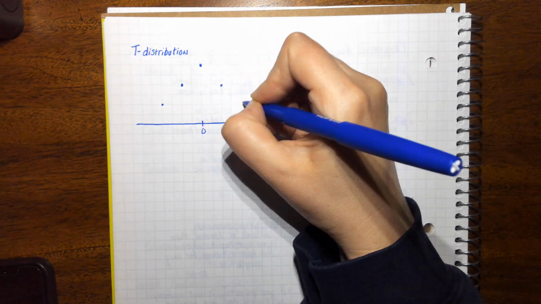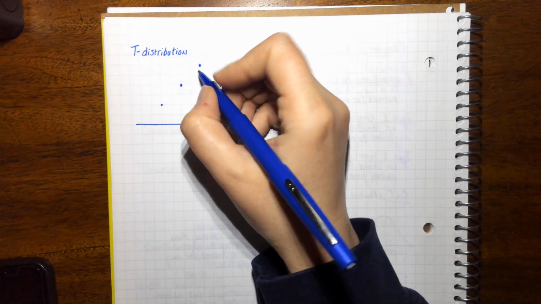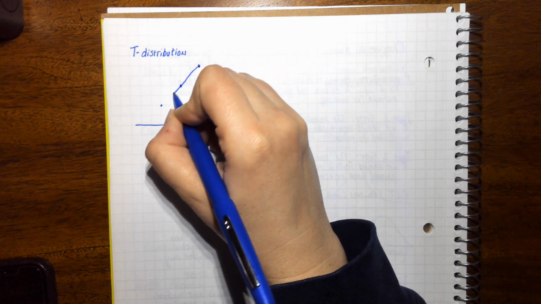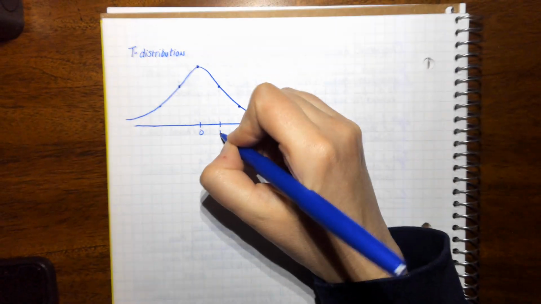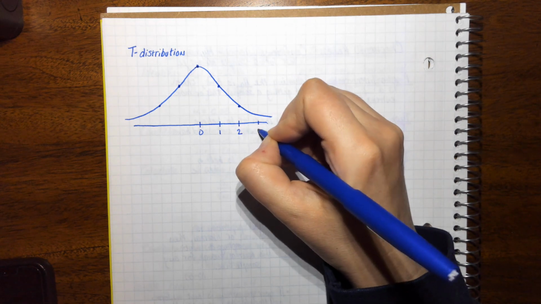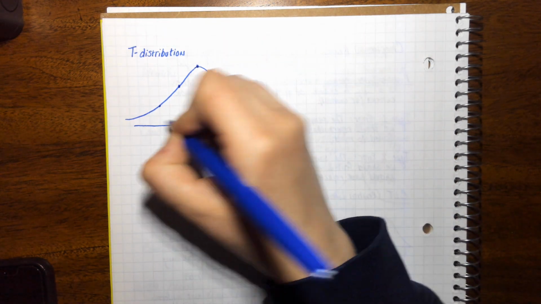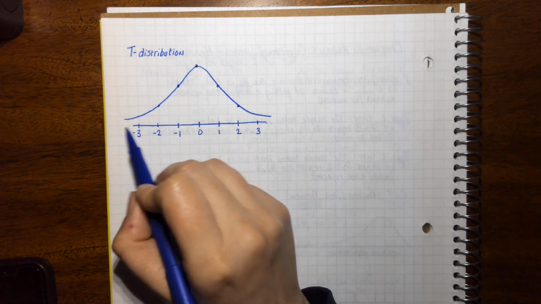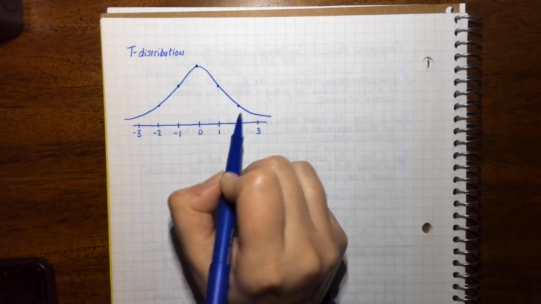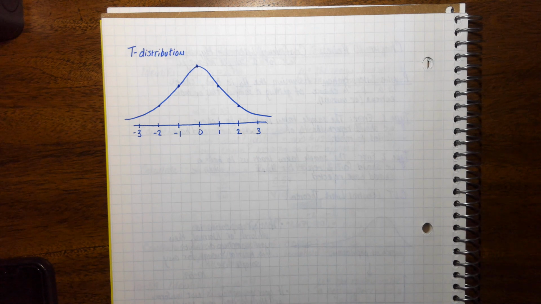I like to create my t-distribution so that it doesn't really touch the x-axis, so that you can see the heavier area in the tails. If it was a normal curve, this would have come down and touched right here.